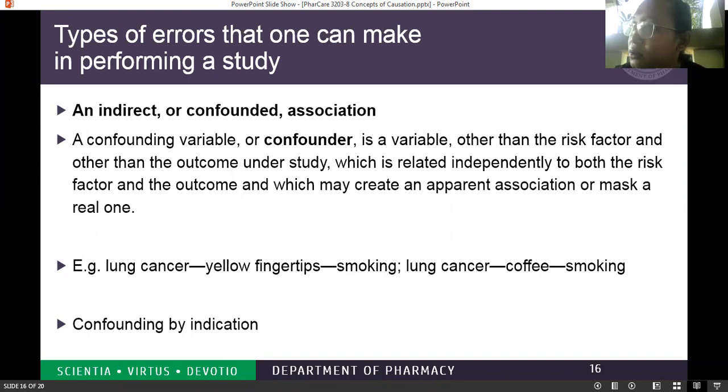So in RCT especially, we need to control for any kind of confounder. For example, in our previous example about the RCT of enalapril, we may control any kind of confounder that can affect the effect of enalapril in lowering blood pressure.